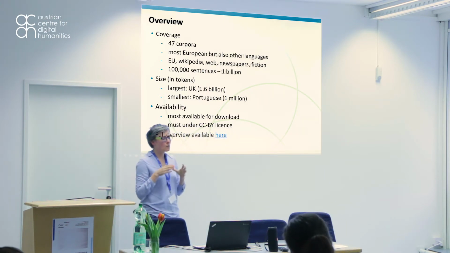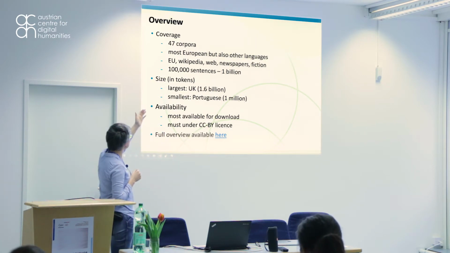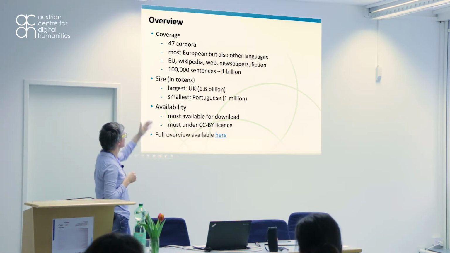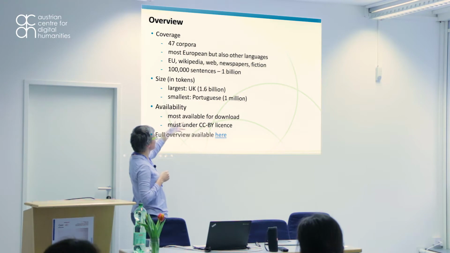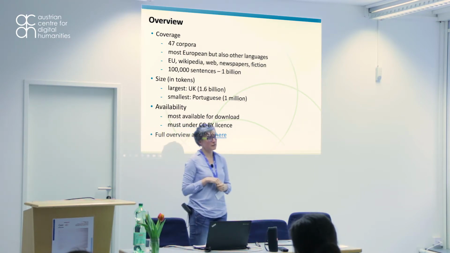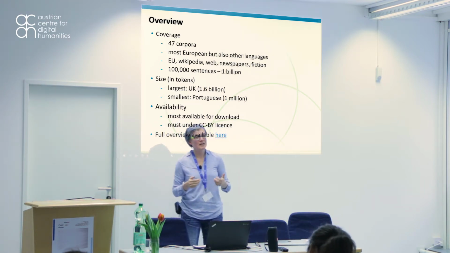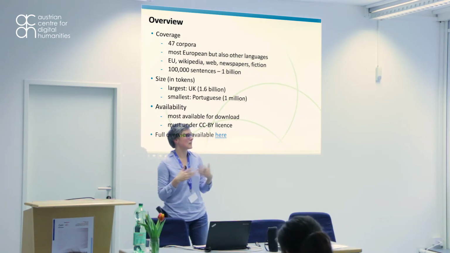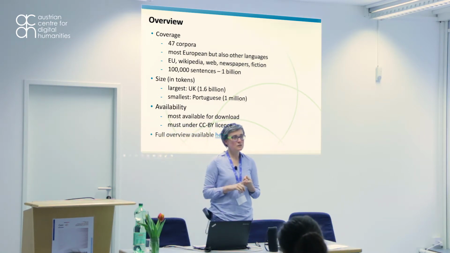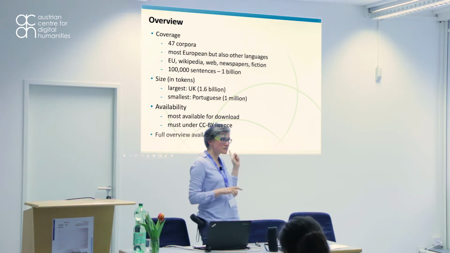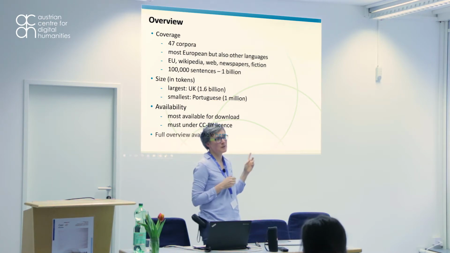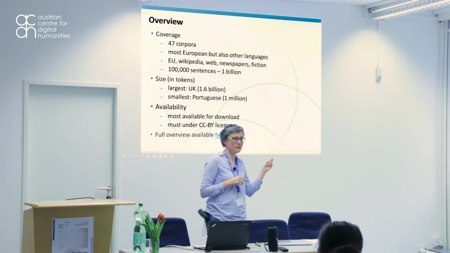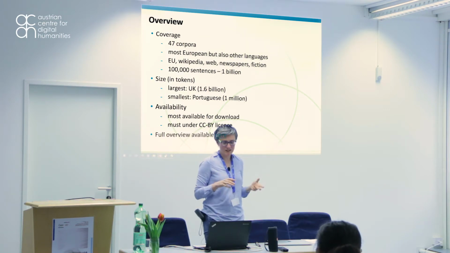Mostly the domains are quite narrow, limited to the EU materials, Wikipedia, web materials, newspaper data, and fiction. Why? On the one hand, because these are easy to obtain in large quantities. Two, because the licensing information is not very problematic for EU texts, Wikipedia, web materials.